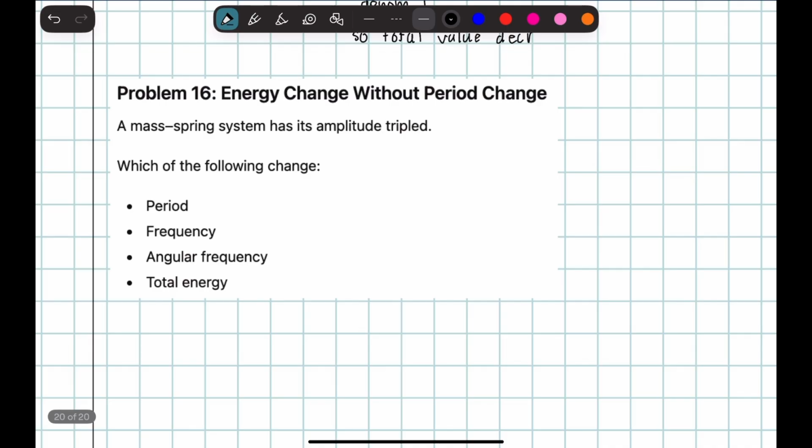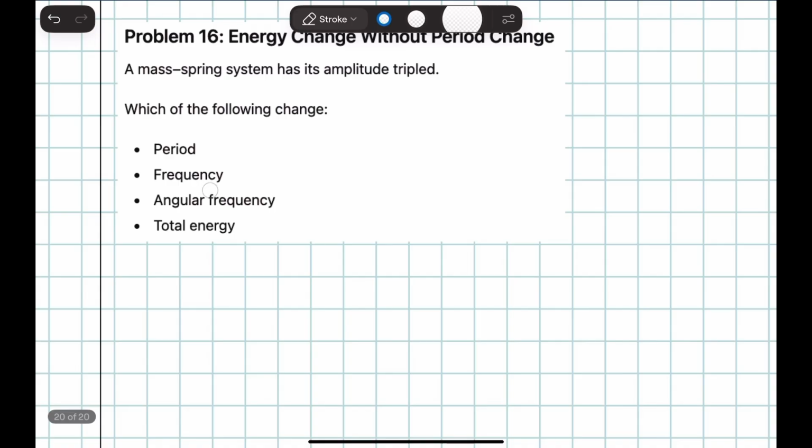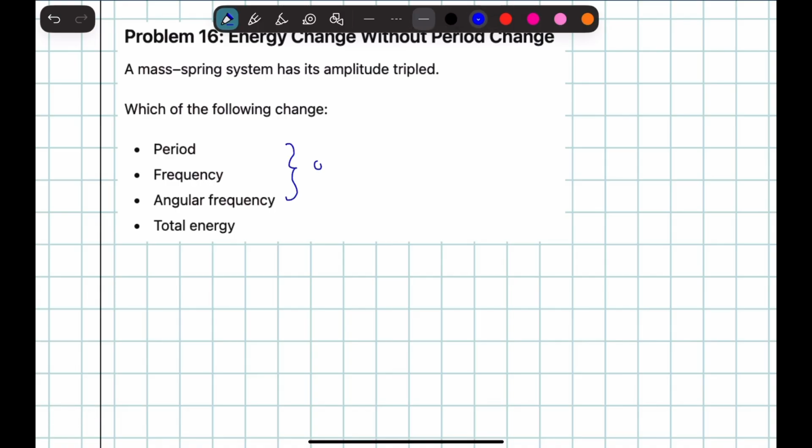A mass spring system has its amplitude tripled. Which of the following change? Period, frequency, and angular velocity all only depend on m and k.